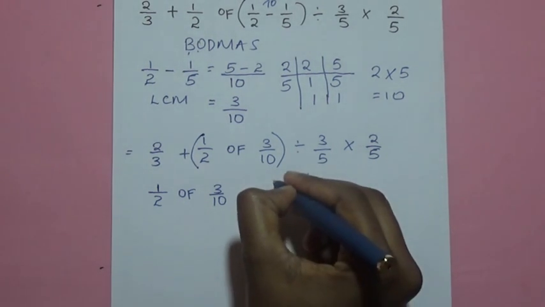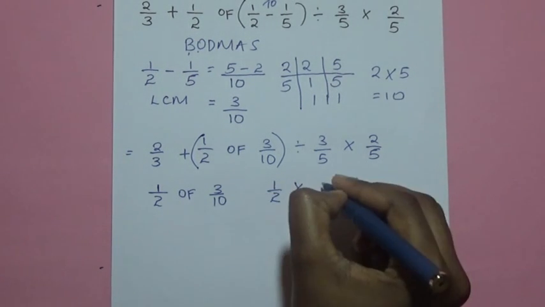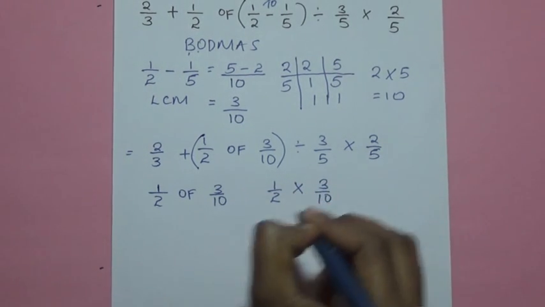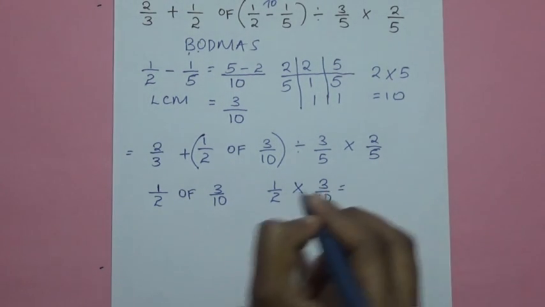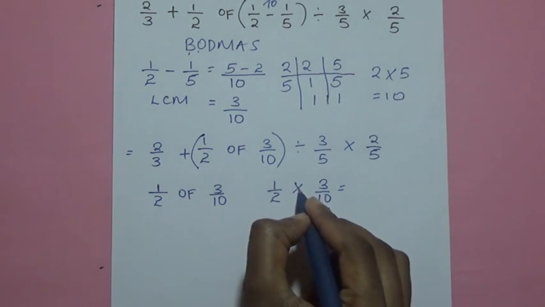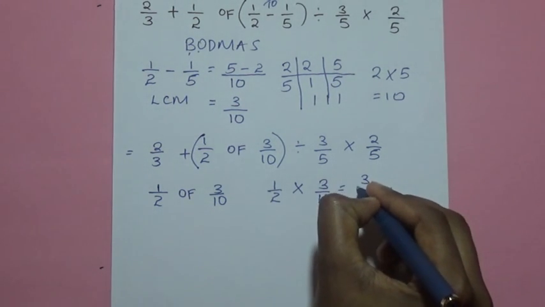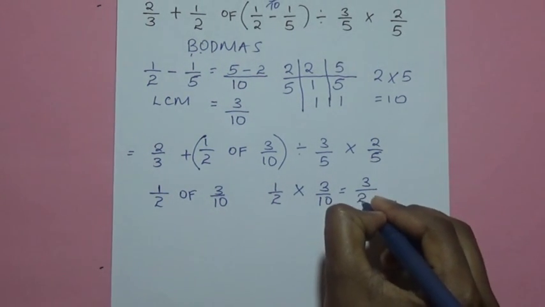Therefore, a half multiplied by 3 over 10. And then we can work this out. Since we cannot cancel, it will be 1 multiplied by 3 gives us 3, over 2 multiplied by 10 is 20.